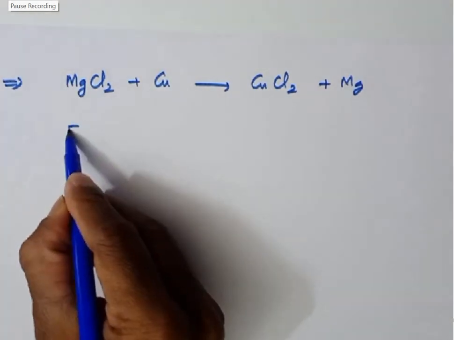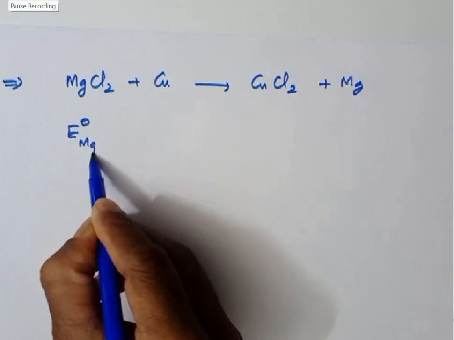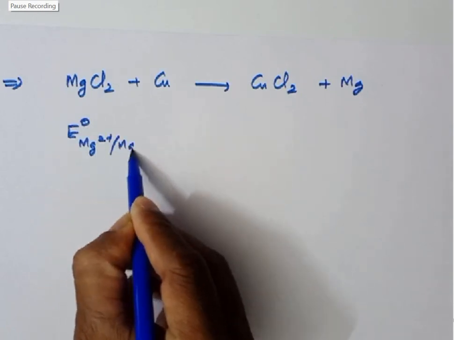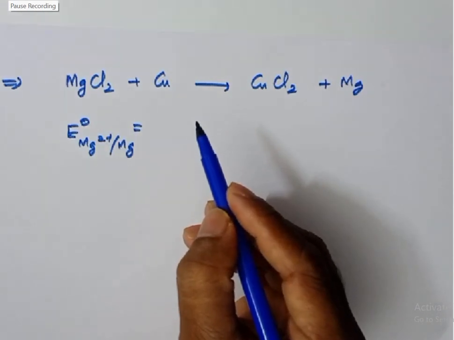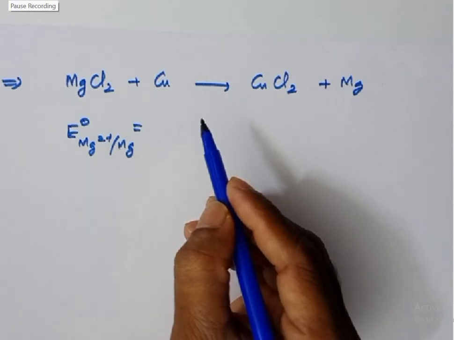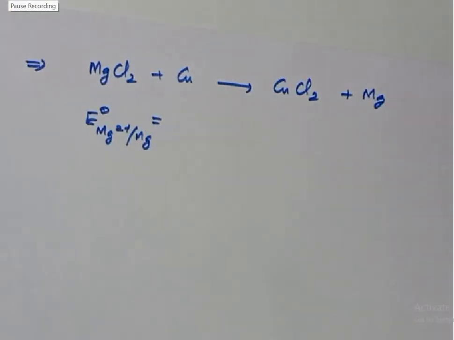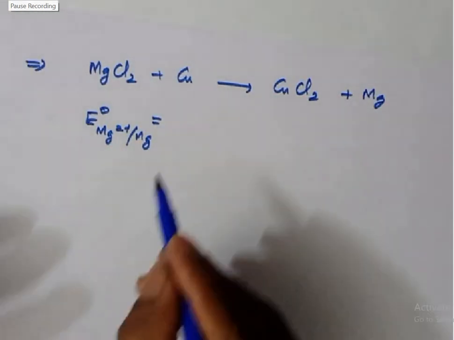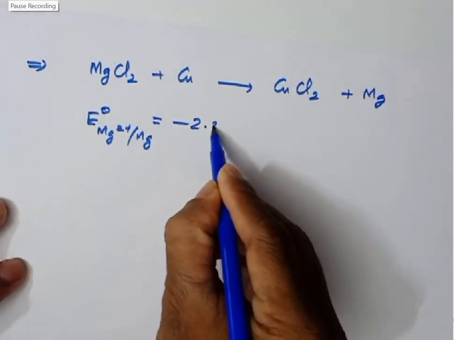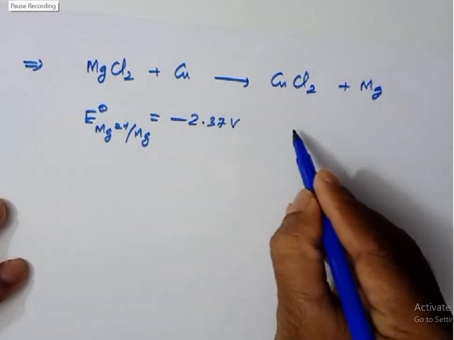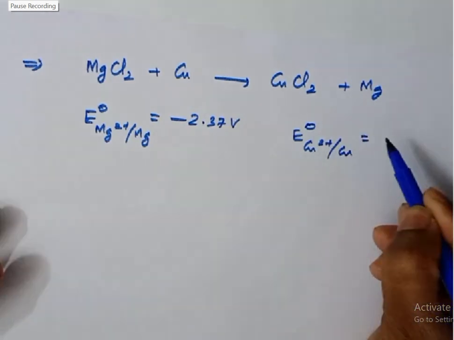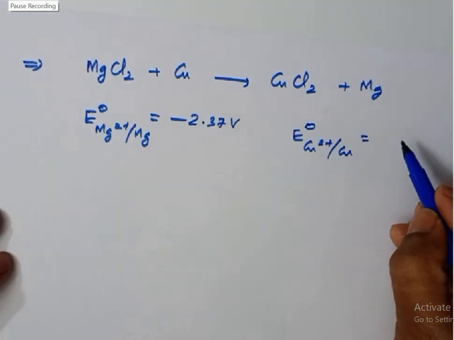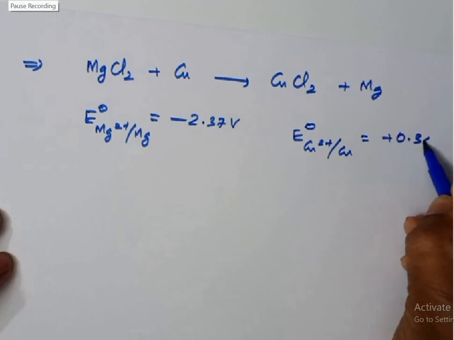Very simple. See the reduction potential of magnesium. The reduction potential for magnesium is minus 2.37 volt, and for Cu2+ becoming copper, the standard reduction potential is plus 0.34 volt.